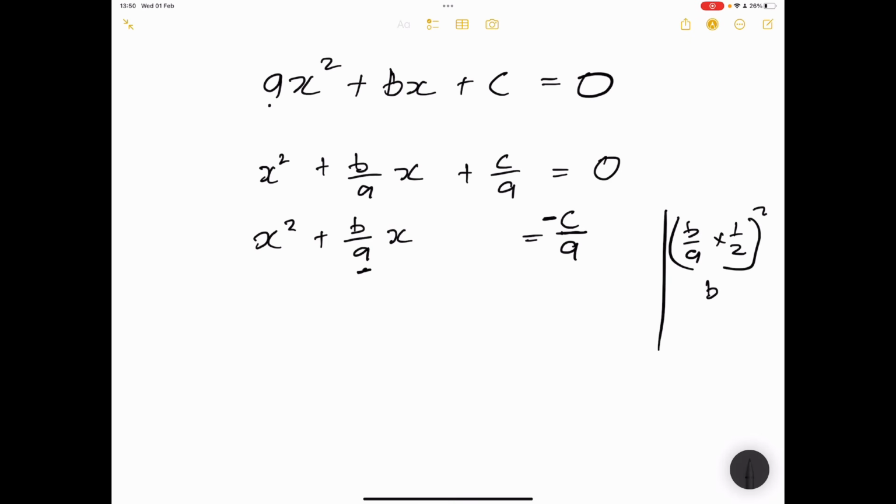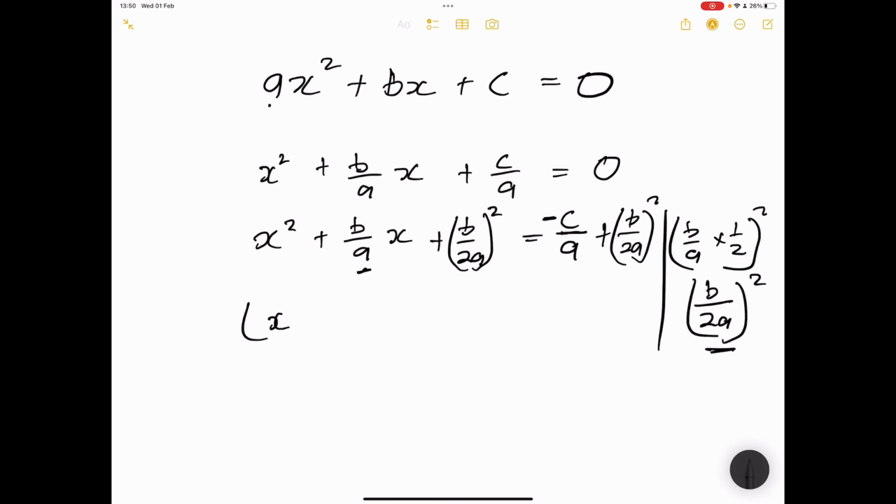So what does that give you? b over 2a squared. And we said you're going to add it there, but what I do on the left, I do on the right: b over 2a squared.